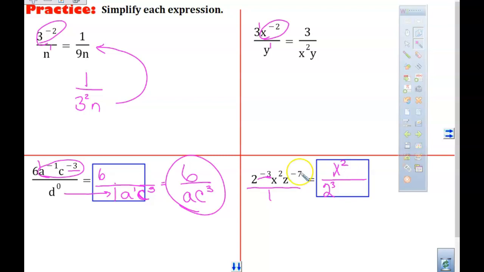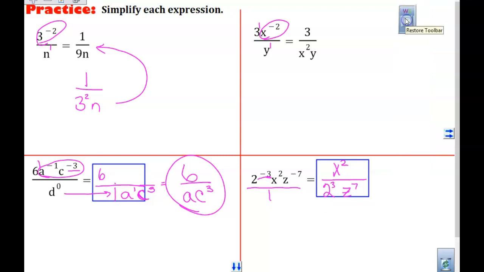I have z to the negative 7. Z to the 7, put it to the bottom. Okay? So live, I have x to the second, I have 2 to the third. 2 to the third, you guys can use your calculator if you need to. That means 3 2's multiplied. What do I end up with? 2 times 2 times 2, 8. And then I'm going to have z to the 7 as my final answer.